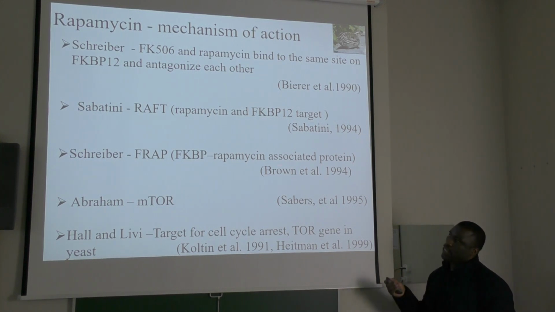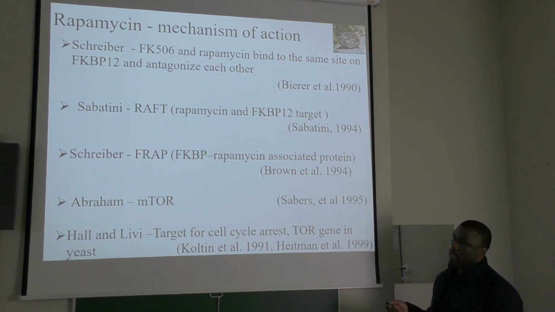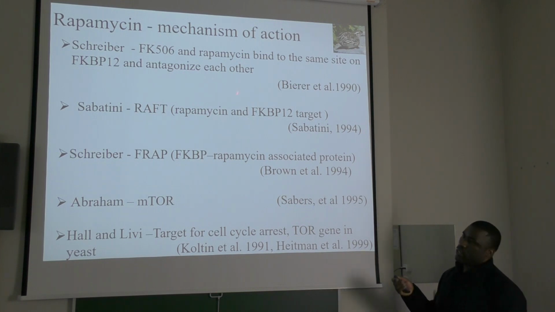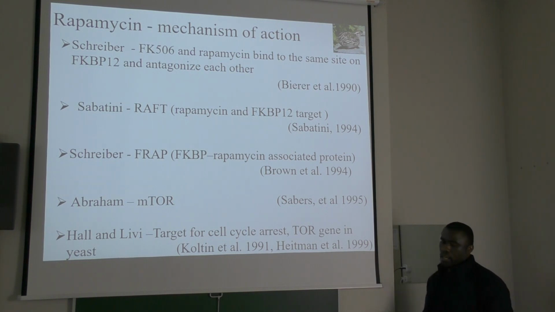But in the same year, Sabatini again found that rapamycin is connected with FK506, which is anti-immune system. Abraham also found the same with these geneticists, who found that there is a gene connected to the target cell cycle that is involved in cell cycle arrest.